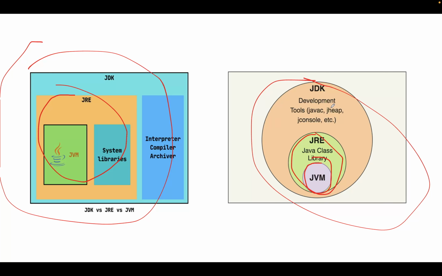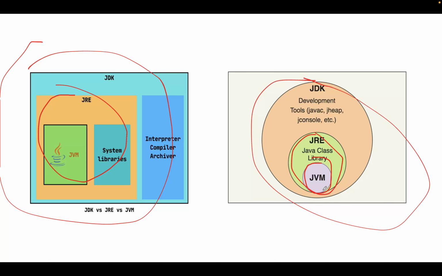Inside the JDK you will have the Java compiler, JConsole, etc., and the JRE also. The JRE provides a secure runtime environment. Inside that you have two things: Java class libraries or APIs, and the JVM, Java Virtual Machine, which converts the bytecode into machine code.